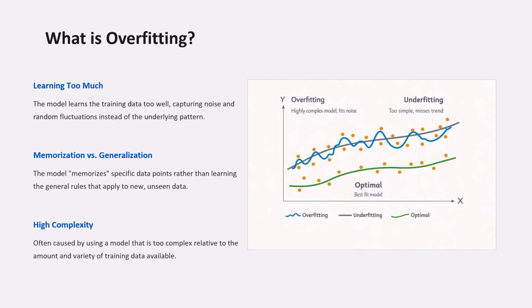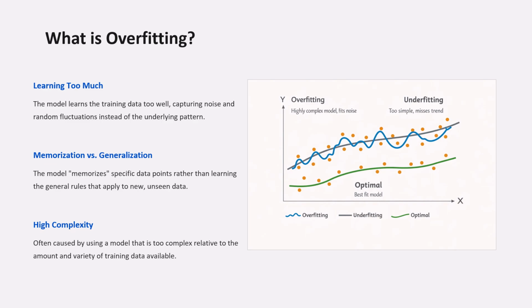The first term is called overfitting. Overfitting is when a model learns too much from the training data. Think of it like a student who memorizes every single practice question without understanding the underlying concept.